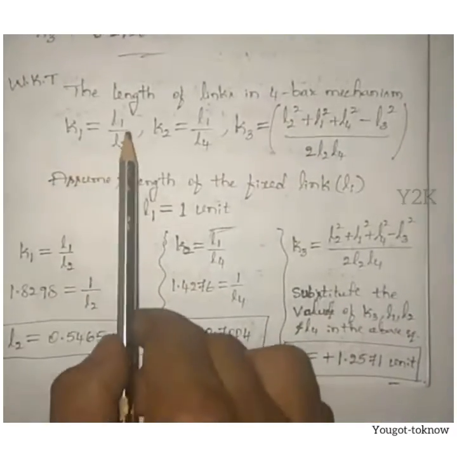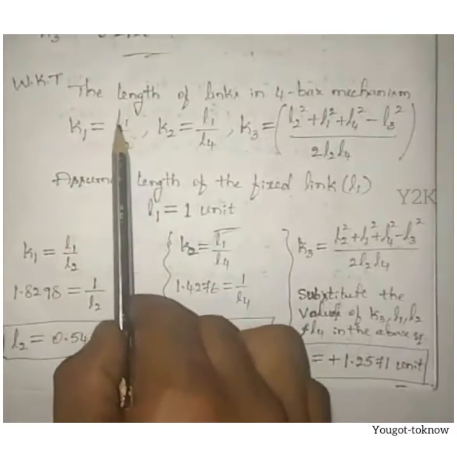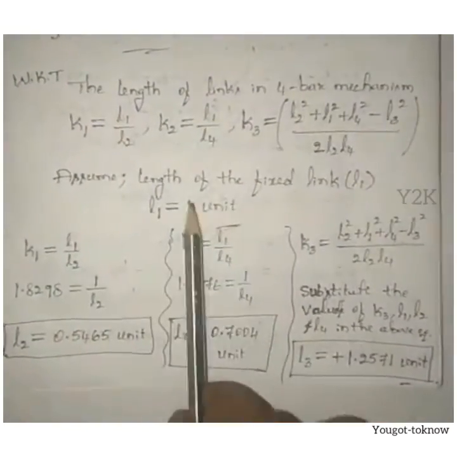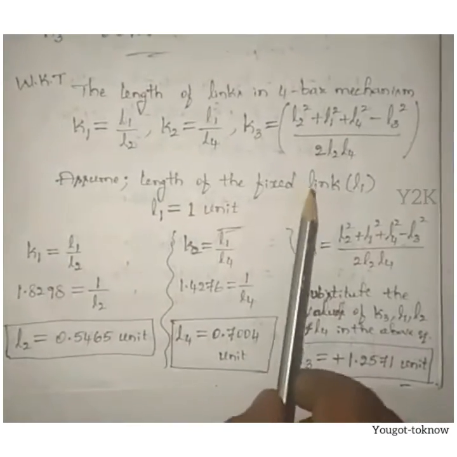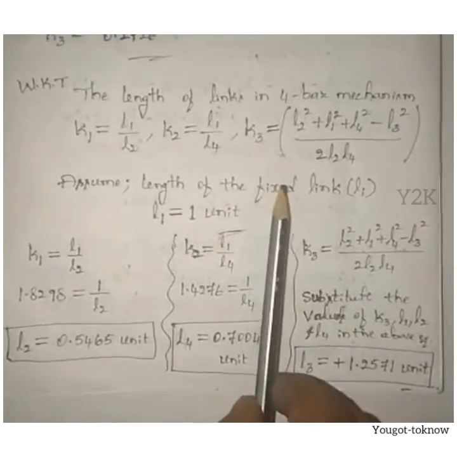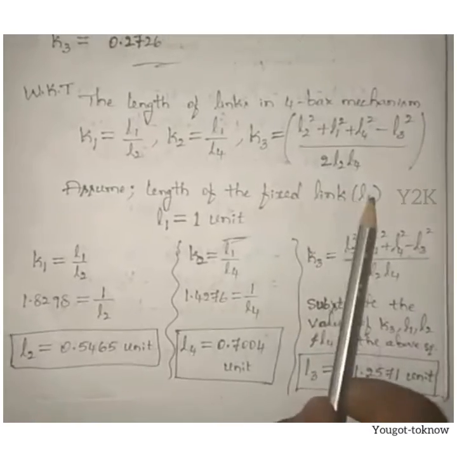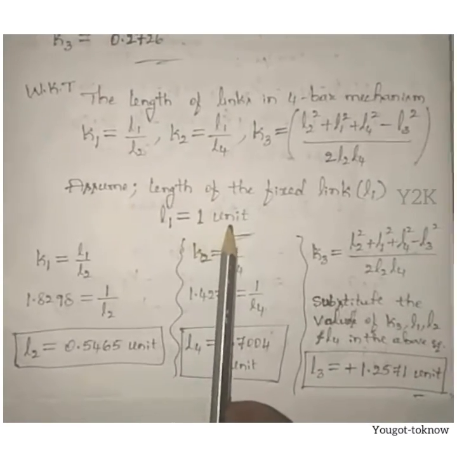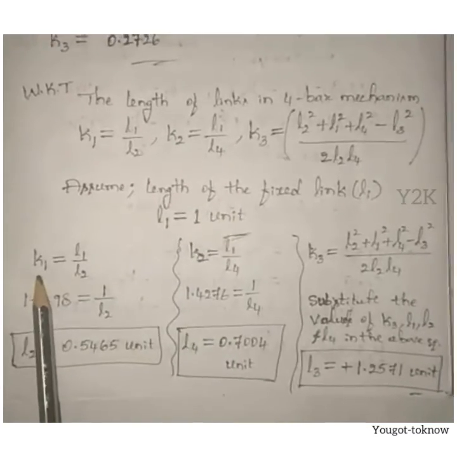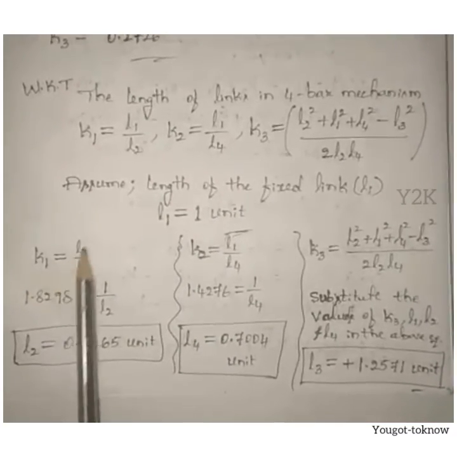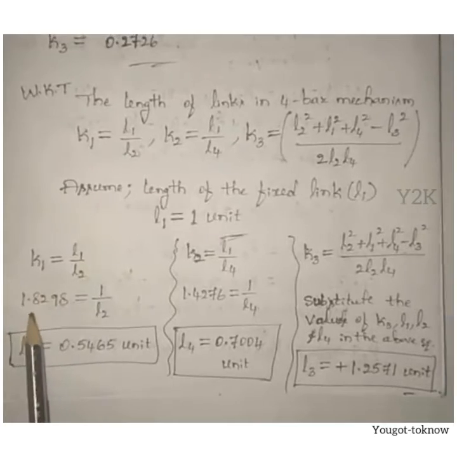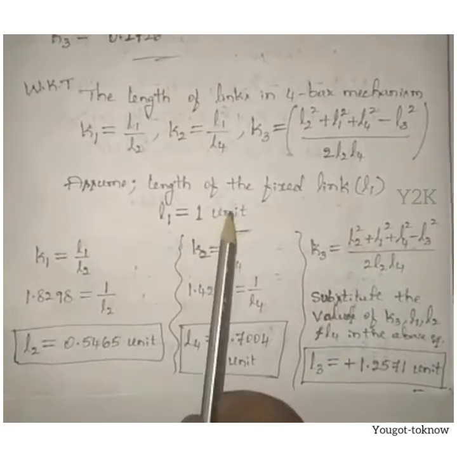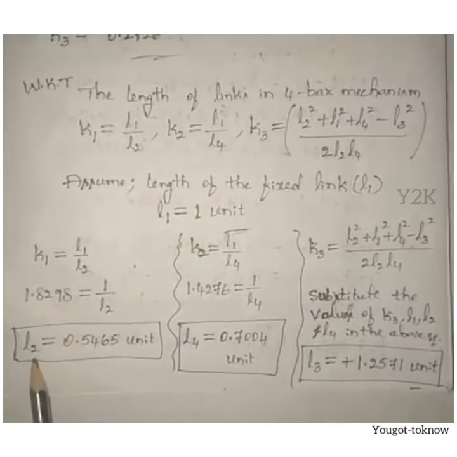Here L1 is the length of the frame or fixed link, and we have to assume this value. If we assume L1 as 1 unit, then in the equation K1 equals L1 by L2, we already know K1 and L1, so we can easily determine L2.